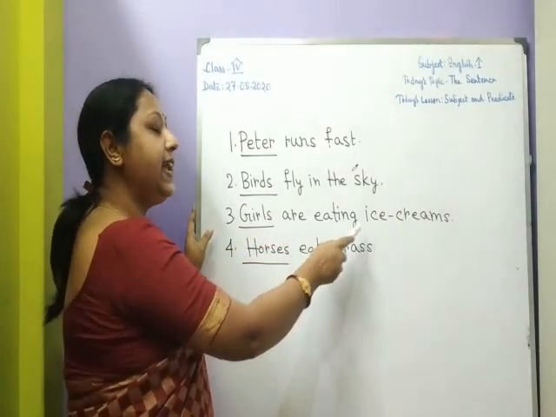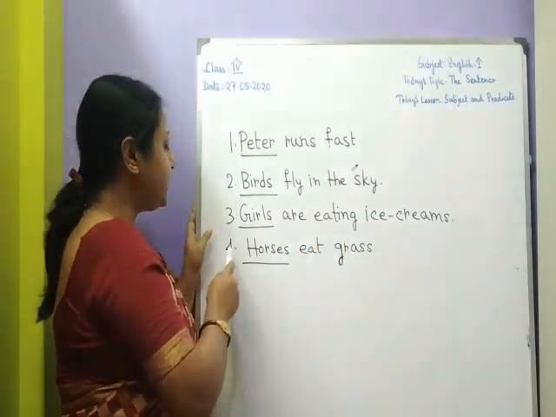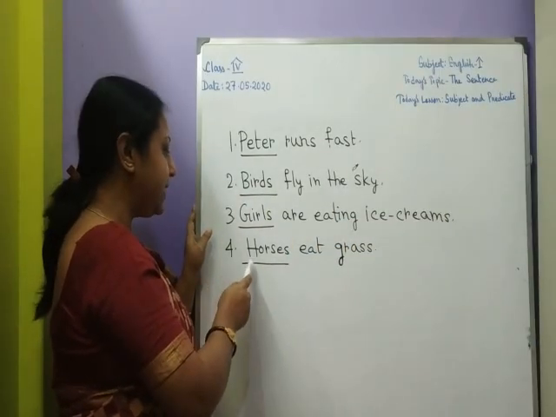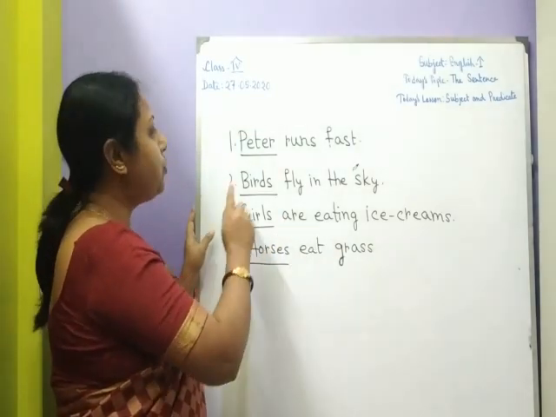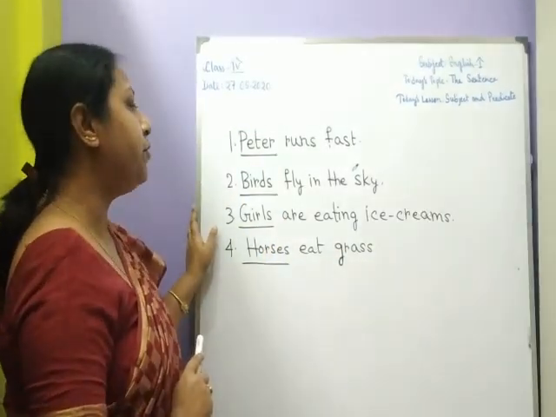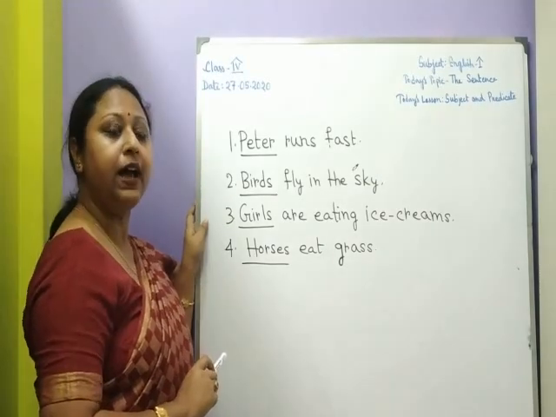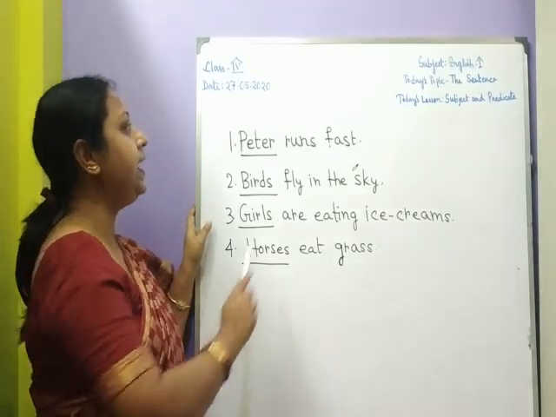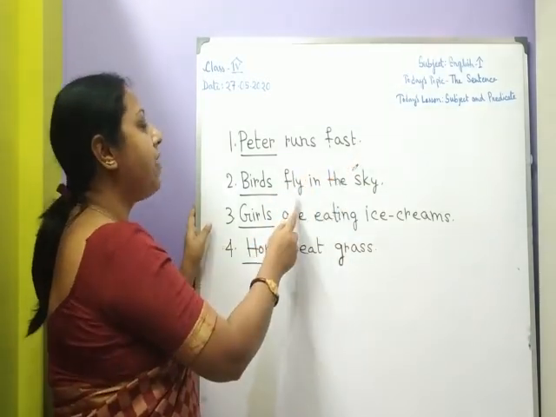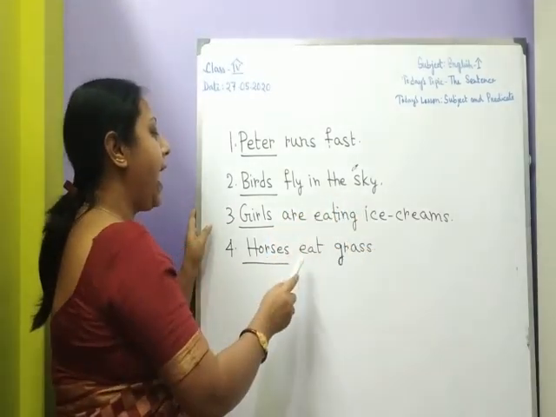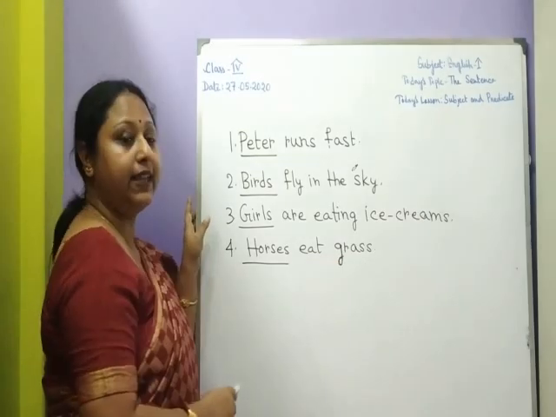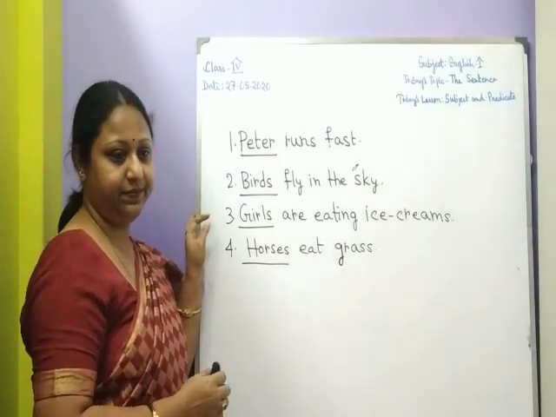That they are eating ice creams. What is said about the subject horses in sentence number 4? That they eat grass. So, what is said about the subject is called the predicate. So, here runs fast, fly in the sky, are eating ice creams and eat grass are the predicates.